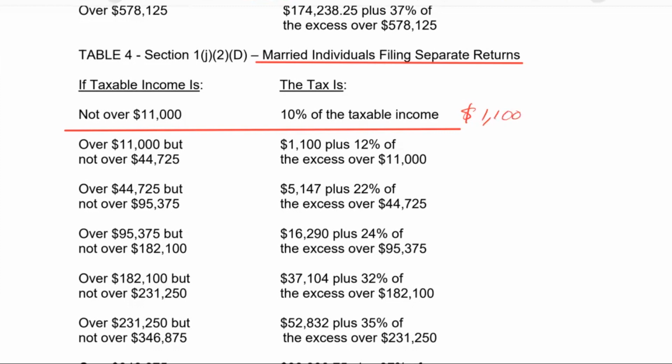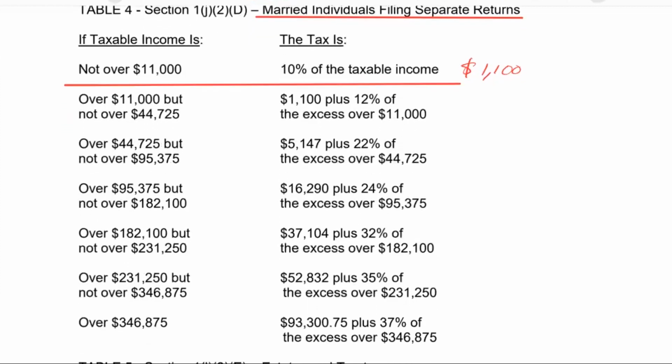Okay, $1,100. What I want us to do is jump to that $150,000 mark. Once we get here to that $150,000 example, like we had in the other one, now we're at the 24% tax bracket.